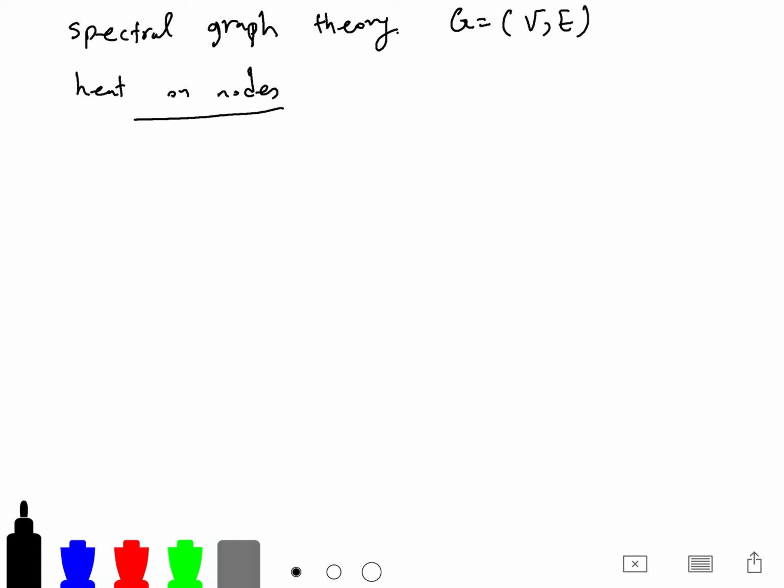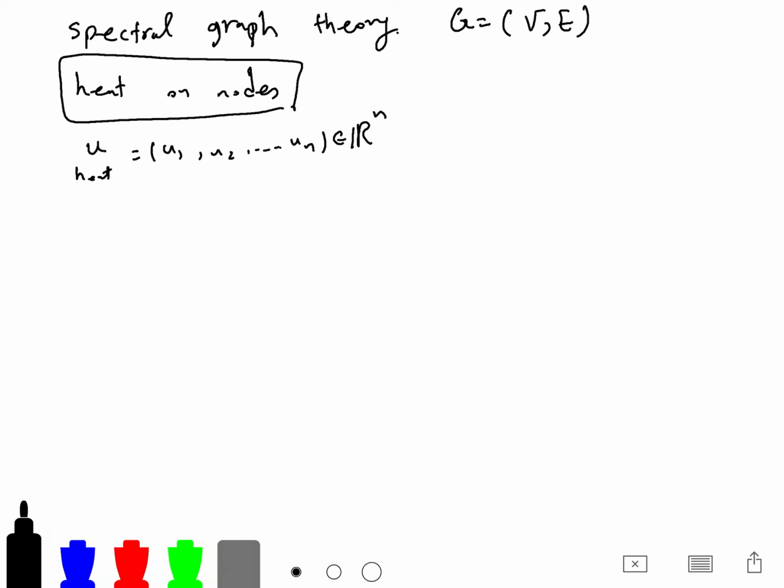This is a great way for intuition. It's like discretizing heat. Heat can be a vector u_n for all of your n vertices, 1, 2, up to n.